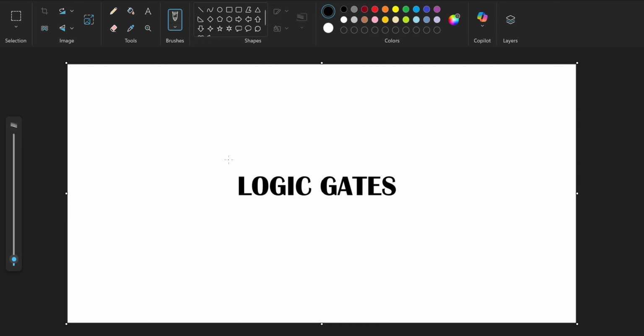Well, a logic gate is something that is normally found in a computer, and what it will do is it will take one or more bits of input and give one bit of output. Now, your first question might be, well, what's a bit? Well, let's define it.